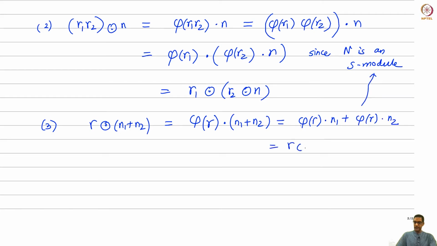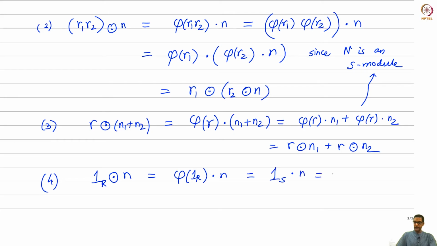So that's R n1 plus R n2. And finally, the identity. If we take the multiplicative identity of R, how does it act on n? Well, I first apply phi to it, but homomorphisms necessarily map the multiplicative identity to the multiplicative identity, and identity on n is n. Okay, so we have checked all 4 axioms.